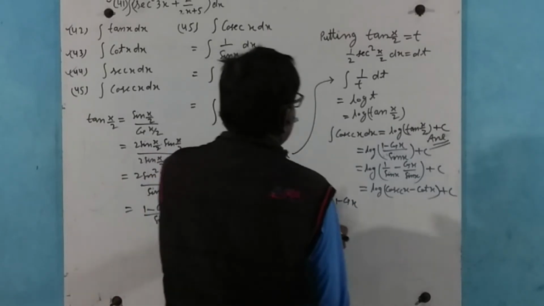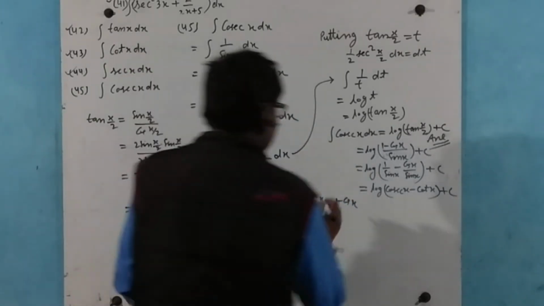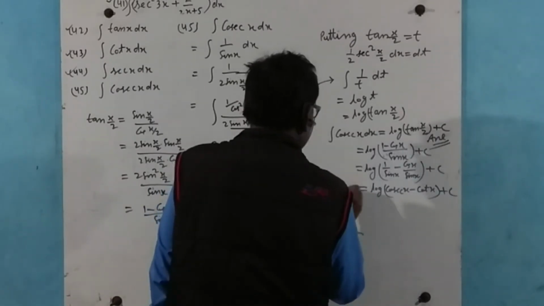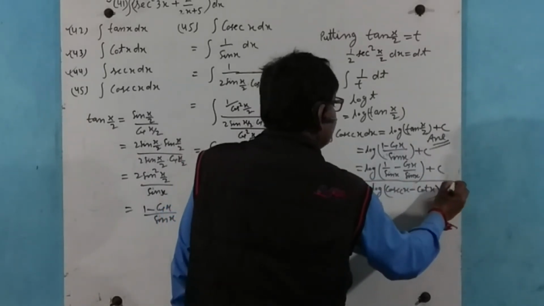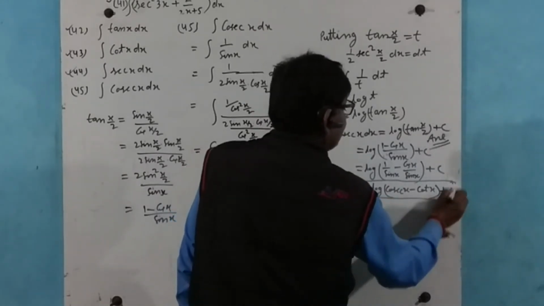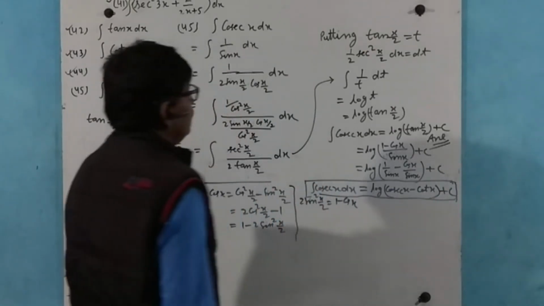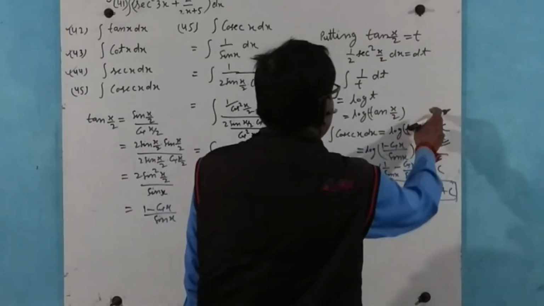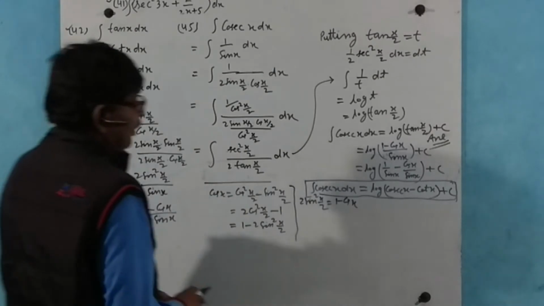So the integration of cosec x dx can also be used to solve problems, and we also use log tan x by 2 plus c.